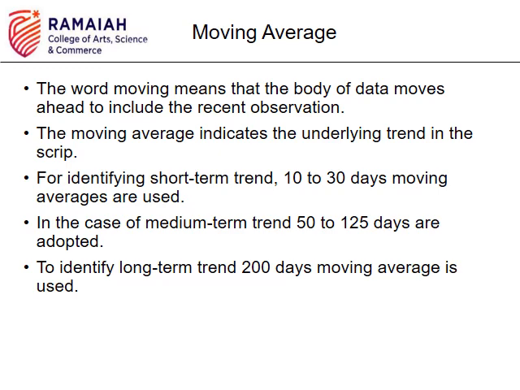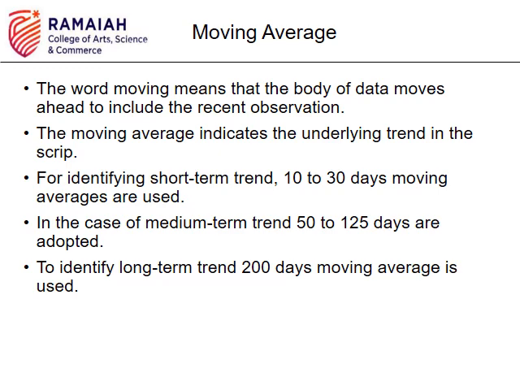Share price as of day 0, share price as of day 1, share price as of day 2, share price as of day 3. It will continue on till day 30. They add everything and divide it by 30, right?